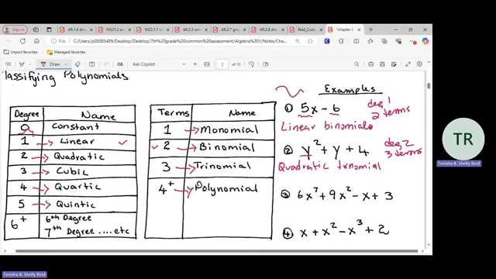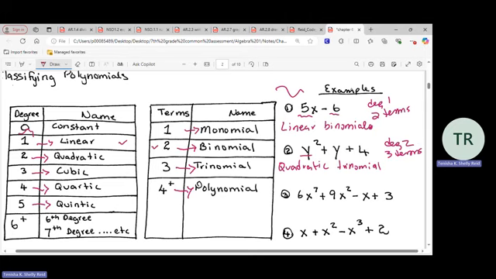And yes, knowing the name is important because we use it for our vocabulary. So we do need to know 1, linear, 2, quadratic, 3, cubic, 4, quartic, 4 quarters make a dollar, 5, quintic, and then etc. 1 is mono, 2 is bi, 3 is tri, and anything extra is poly.